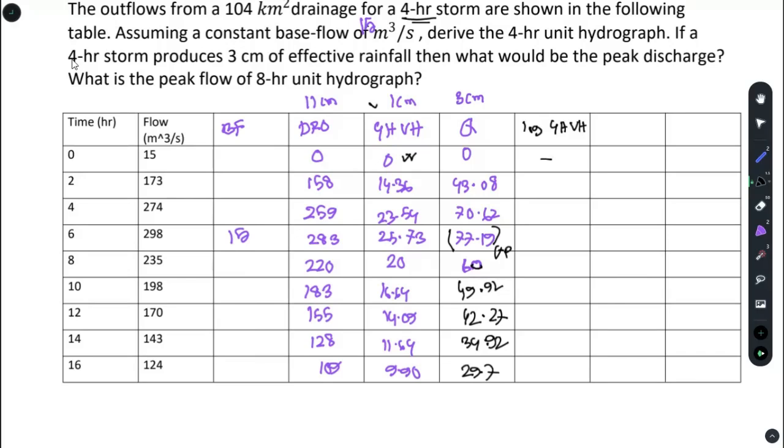So it will be lagged by 4 hours and will get in place of 4, so it will be 0, and then it would be 14.36, 23.17, 23.54, then 25.73, then 20, then 16.64, then 14.09.